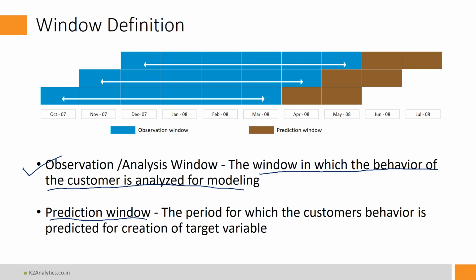Now the question is, if I am going to predict the behavior of the customer, then how do I know who is 1 and who is 0? How are we setting the value? My question is, for the period for which I am going to predict the behavior, how do I have 1 and 0?